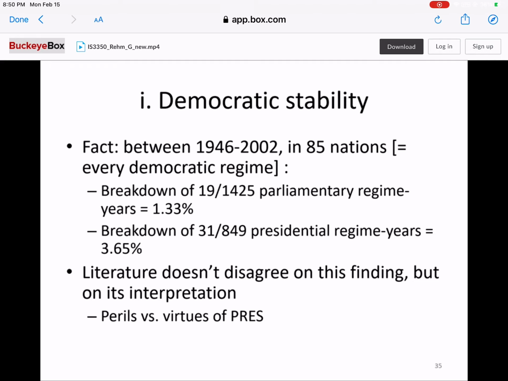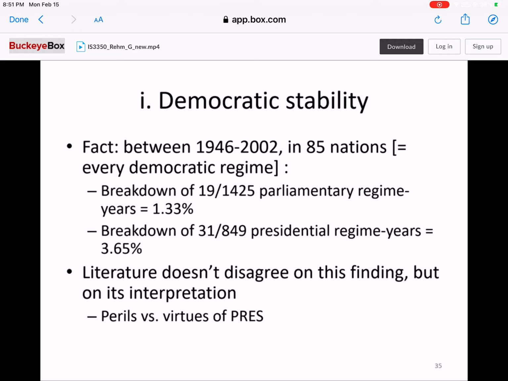The first thing you have to do is classify countries in terms of whether they're democracies, and then classify democracies into parliamentary systems, presidential systems, and mixed or semi-presidential or hybrid systems. And people have done this, and then they have looked at the survival of these different systems in terms of whether they remain democratic or not.